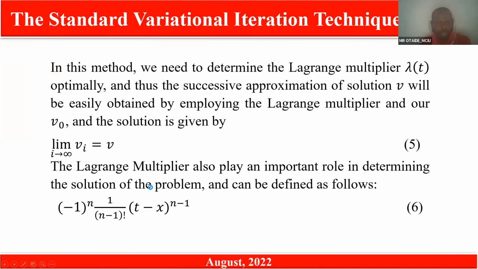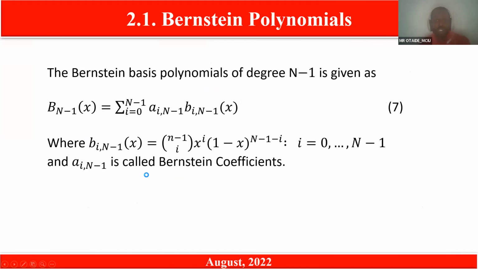So that's the definition of the Lagrange multiplier for any problem considered. Here we see the Bernstein polynomials of degree n minus 1 defined as this, as you can see in equation 7, where g of n minus 1 of x is defined as this. And this term here is called the Bernstein coefficient, or what we call the Bezier coefficient.